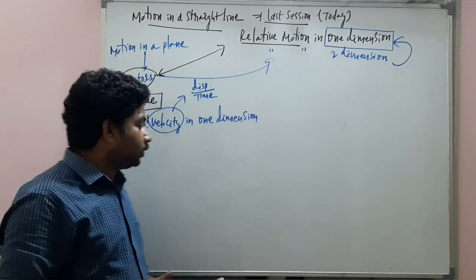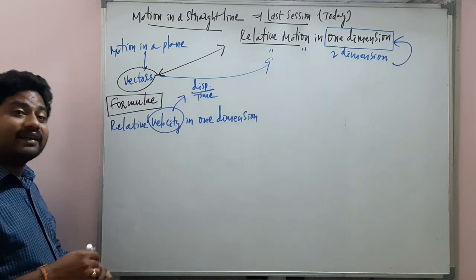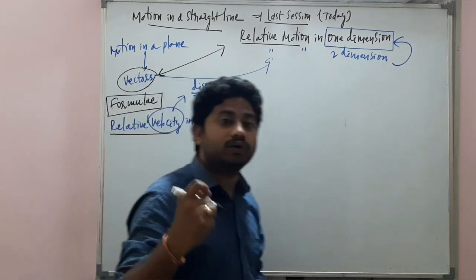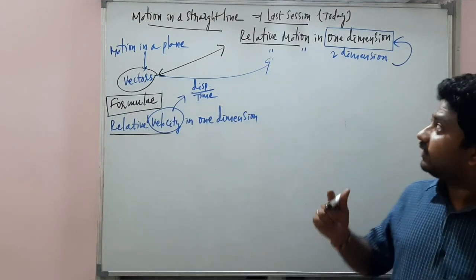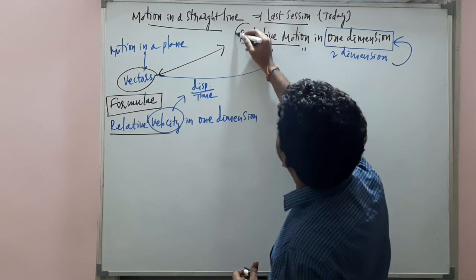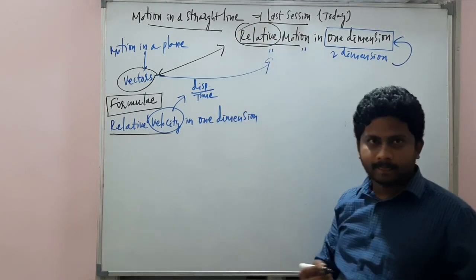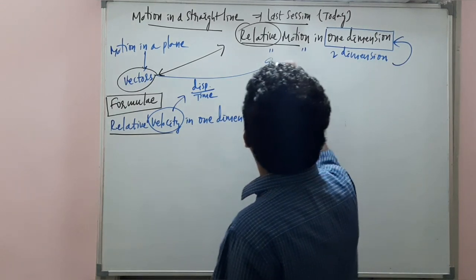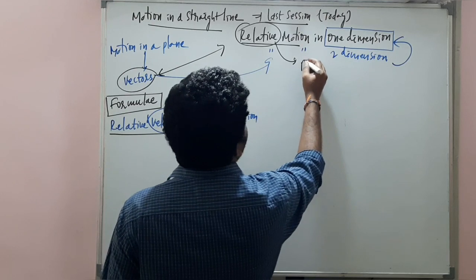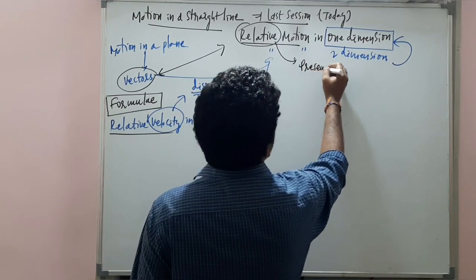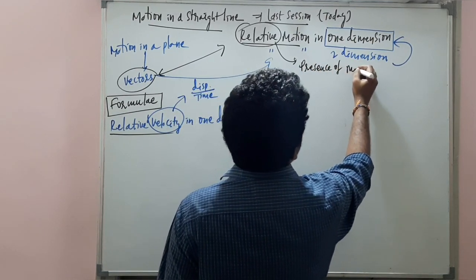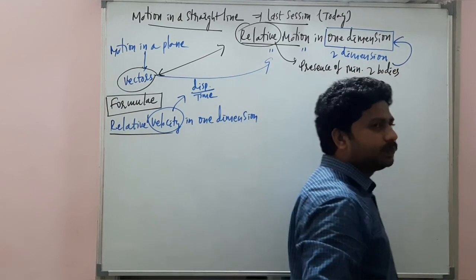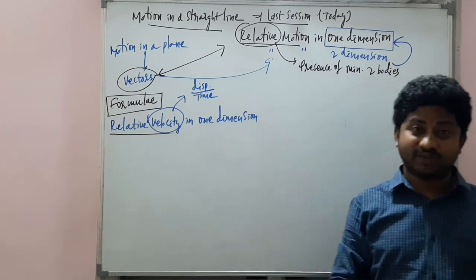Alright. But now the topic of our interest is relative velocity. When we say the term relative, there is a significance to it. What is that? There must be a presence of a minimum of two bodies: two cars, two trains, two persons, two bicycles, two lorries, whatever it may be.